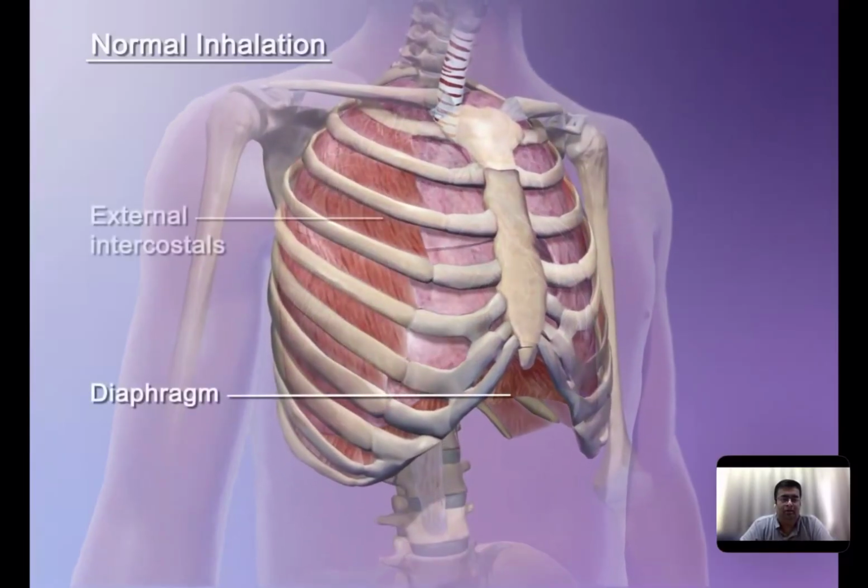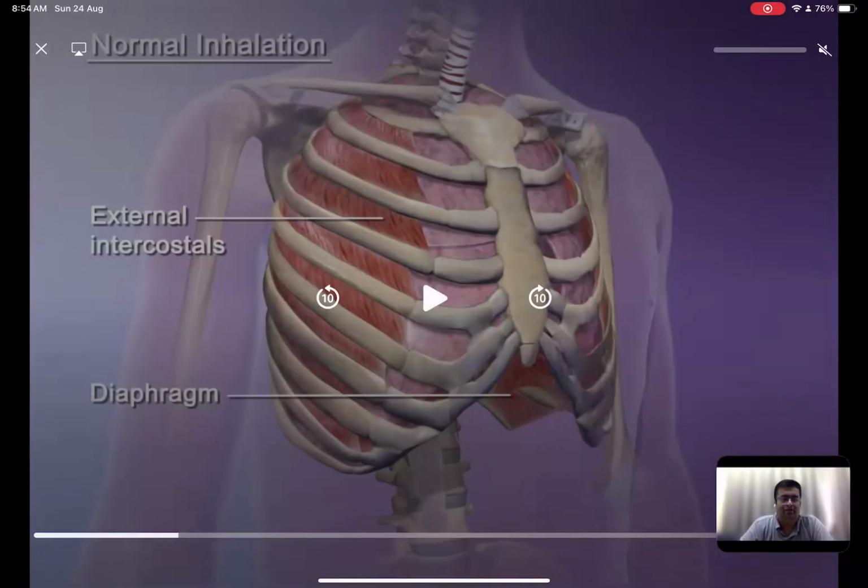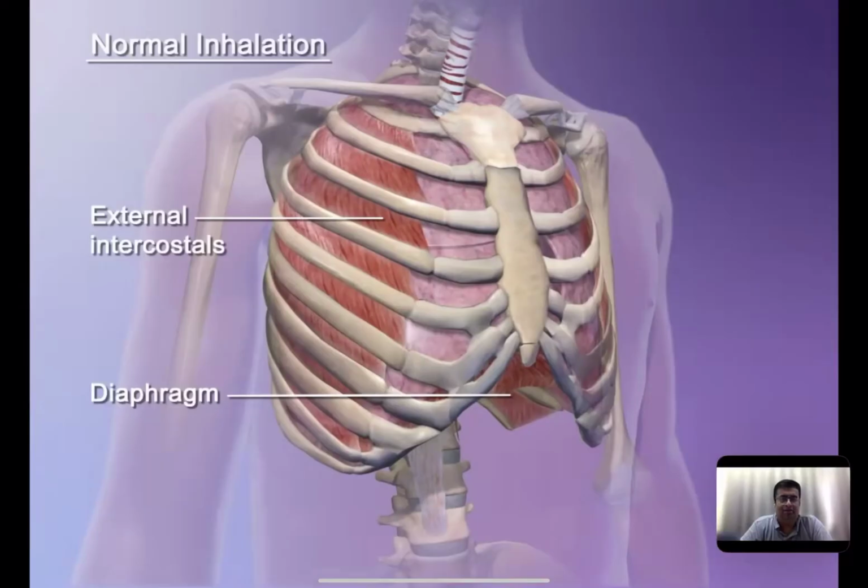During inhalation, the external intercostal muscles contract, and they pull the ribs upwards and outwards. So this causes an increase in space inside the thoracic cavity. So in short, the volume of the thoracic cavity increases.